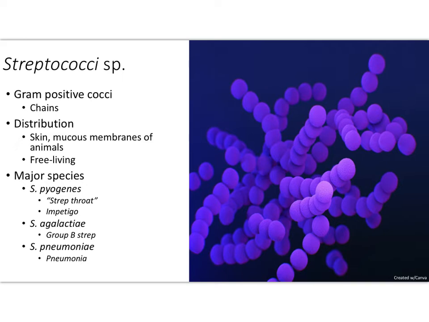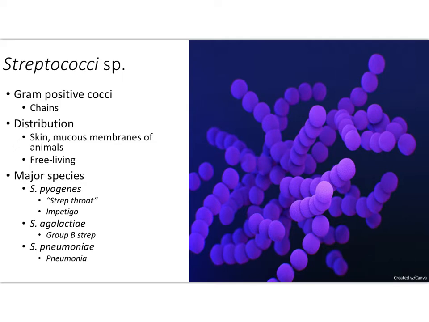And if a woman has this bacteria in the vaginal canal before she gives birth, there is a chance that the baby could come in contact with this bacteria during a vaginal delivery. The bacteria will basically get into the nose, the mouth, potentially the eyes of the baby, and make it to the brain and cause meningitis and potentially death.